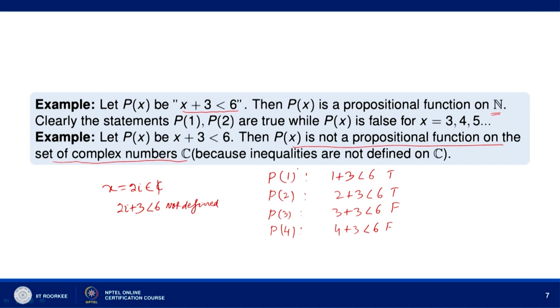Since inequalities are not defined on C, therefore, P(x) for a given x belonging to C does not have a truth value T or F, and therefore, P(x) is not a propositional function.